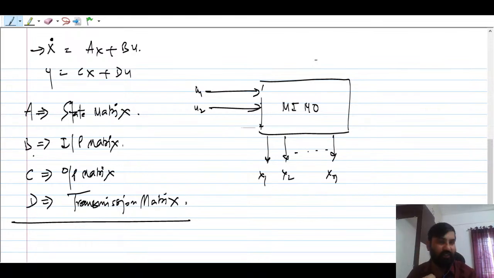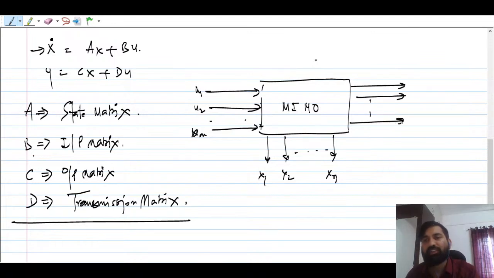And how many inputs are there? Let's say m inputs are there, m number of inputs. And for the output, there are y1, y2, up to yp. So this is the output port, and this is the input port.